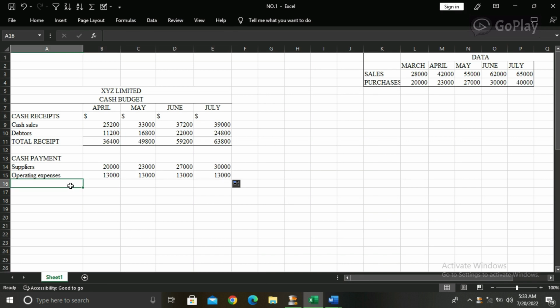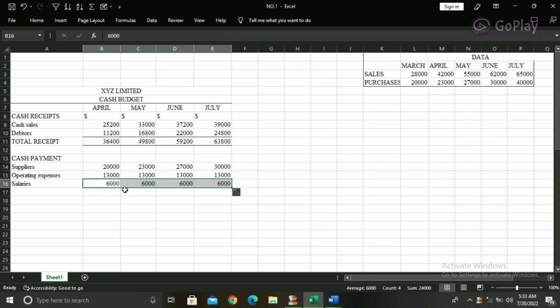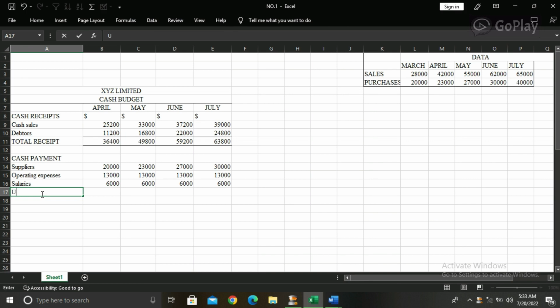Then moving on, we have salaries. They pay salaries as well. Looking at salaries too, each month salaries paid was 6,000. That one too, since it is constant for all the months, I'm just going to drag it for each month. The next expense that will be paid includes utility bills. So I'm going to write on utility bills.